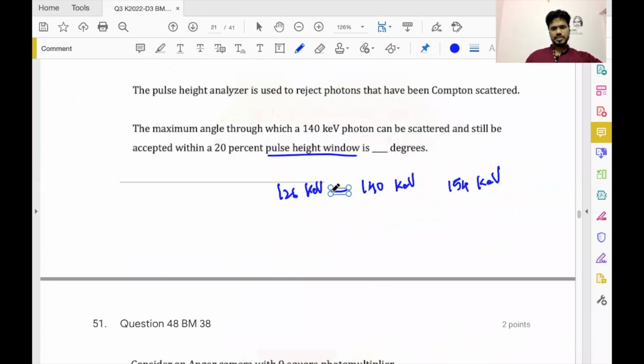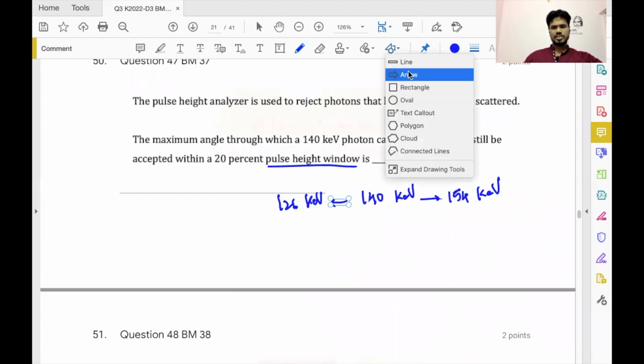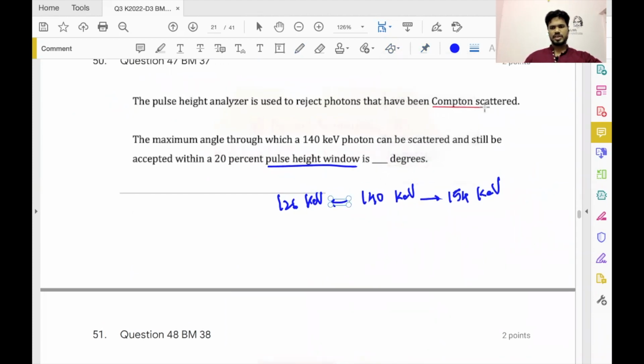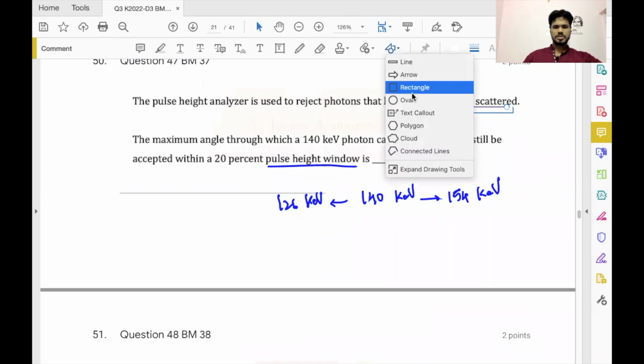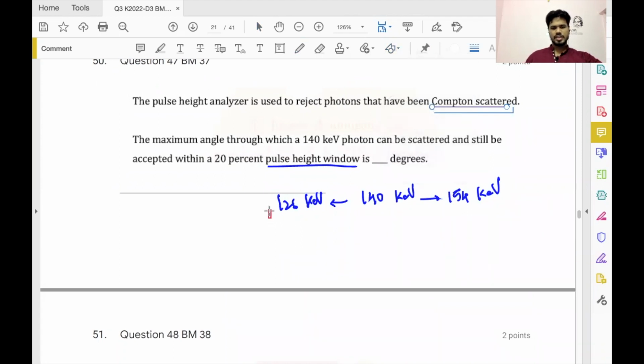Okay, so 10% on either side. On this side, the boundary will be 126 kilo electron volts. This boundary will be 154 kilo electron volts, and we are looking at Compton scattering. Specifically, that should have a reduced energy, right? And we are concerned about anything below this energy, we will reject it. Okay, so how can we quickly get the relation here?